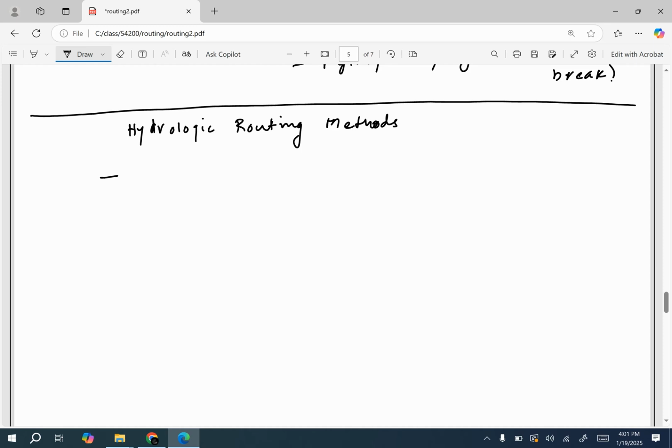The first method is the linear reservoir, and I will explain in the next module what the linear reservoir method is. This is the simplest method.